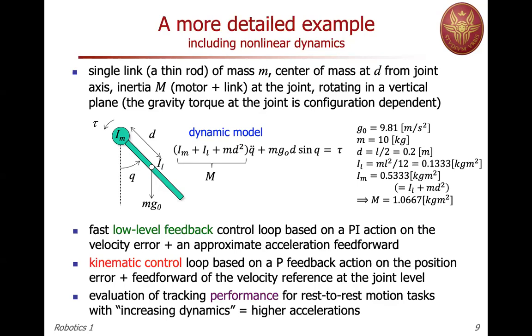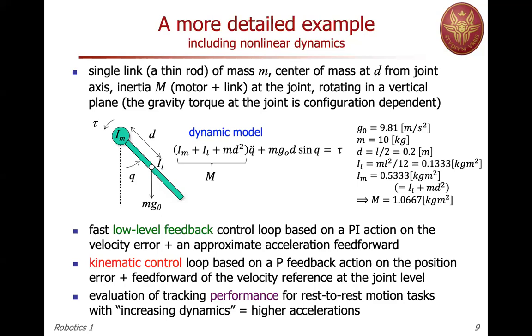Typically, we're giving a velocity command, but in principle we could integrate this velocity command into a position command, or we can plan motion at the acceleration level, so we generate an acceleration command. But in any case, we never consider the dynamics of the robot. This will be a task for the second course of robotics.